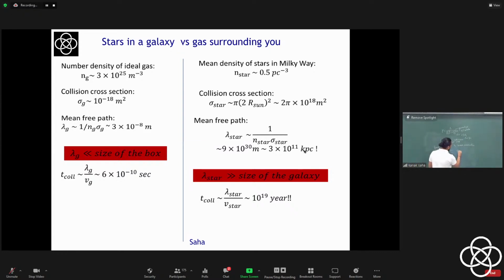So you can think of this as G m squared by r collision being of the order of half m v squared. If that happens, then the star is supposed to have undergone a strong encounter, and you can find out the strong encounter radius.